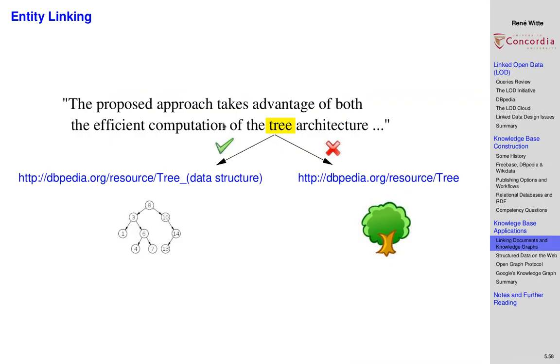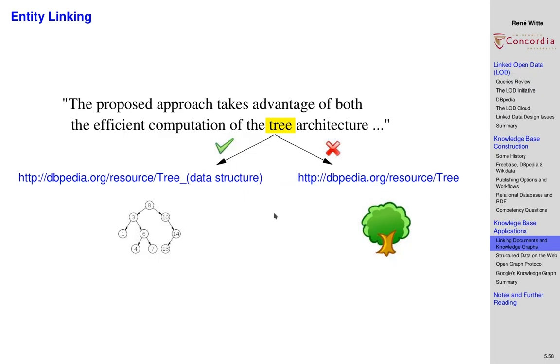So if you have a context of something like computation, architecture, software, then it is more likely that it talks about the data structure tree. If you have a context about gardening and soil and something like this, it's going to be a lot more likely that this tree here is the right match.